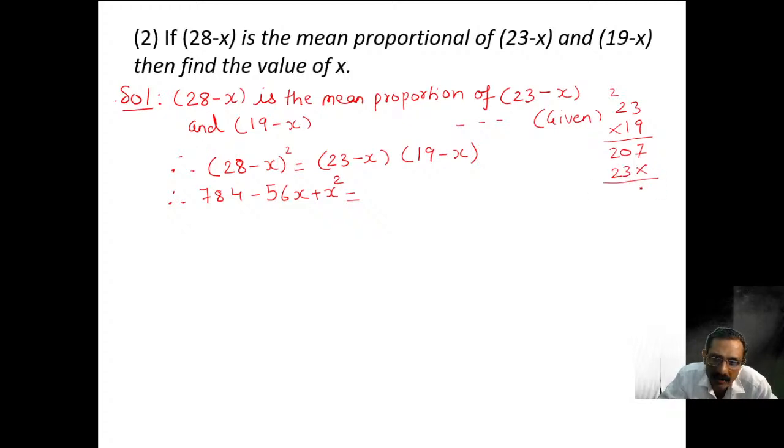3 ones are 3, 2. What do I get here? 7. I get here 3. I get here 4. So 23 into 19 gives me 437. Minus, when we are working with signs, we have to be careful with this. Minus 23 into x gives me 23x. Now, this is over. Now, let us take this.